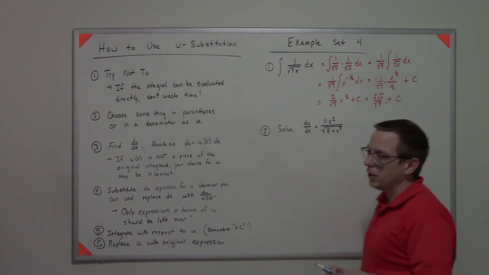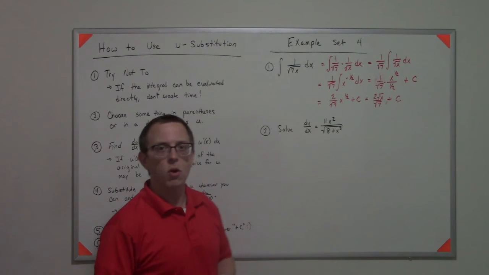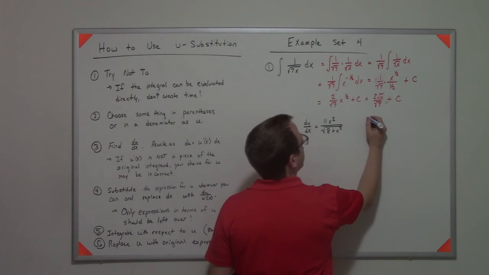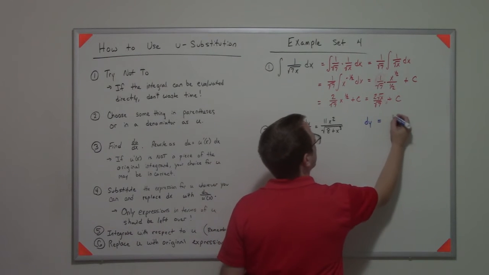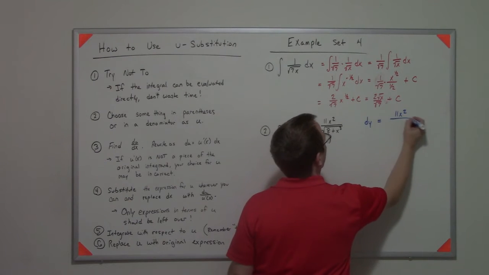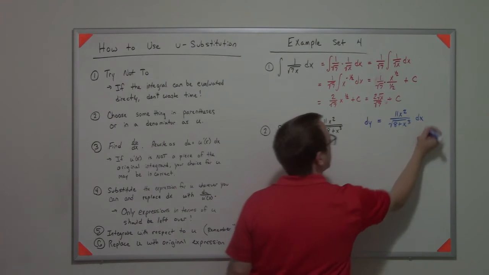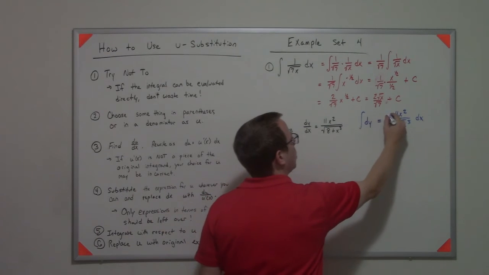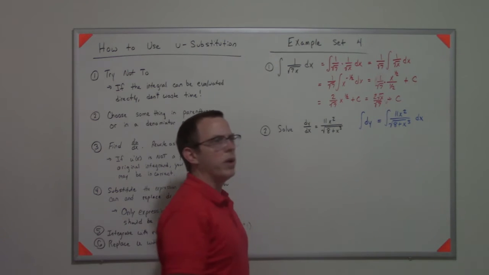So this one, solve a differential equation. This actually isn't as hard as it looks. What you want to do is say, okay, that tells me that dy is 11x squared over square root of 8 plus x cubed dx. And then when you integrate both sides, by the way, that's an interesting thing.